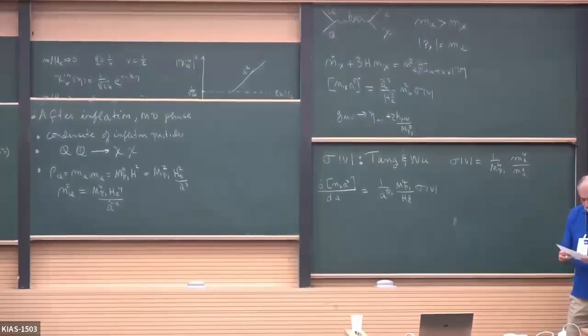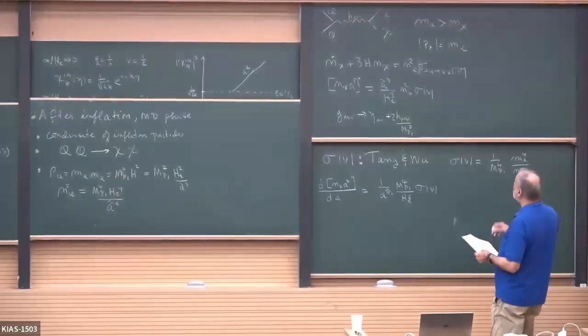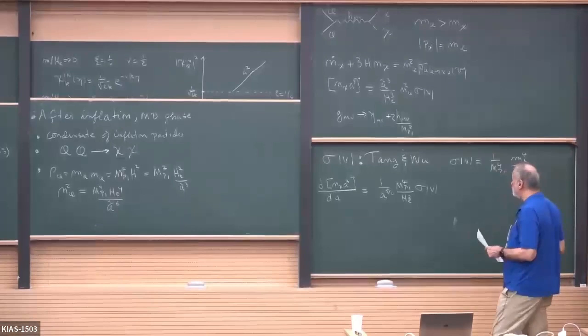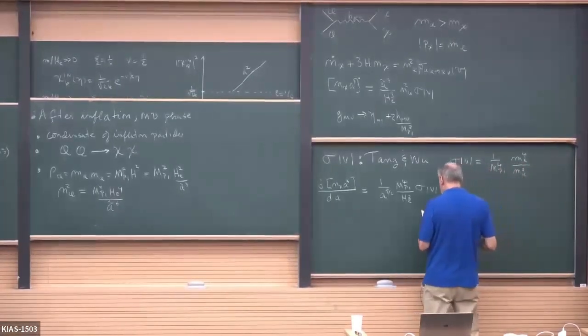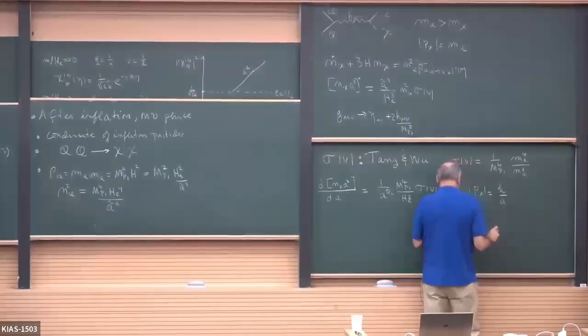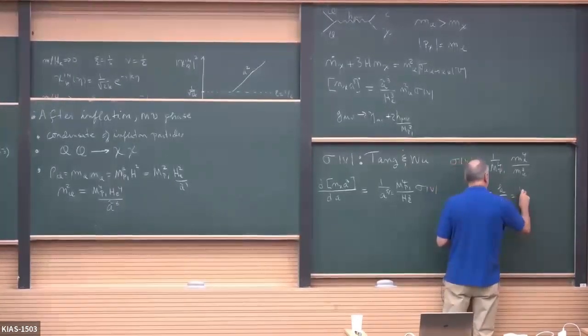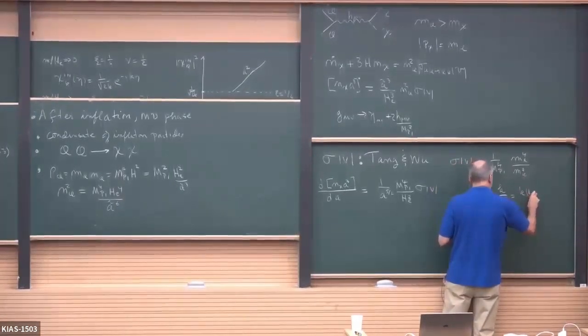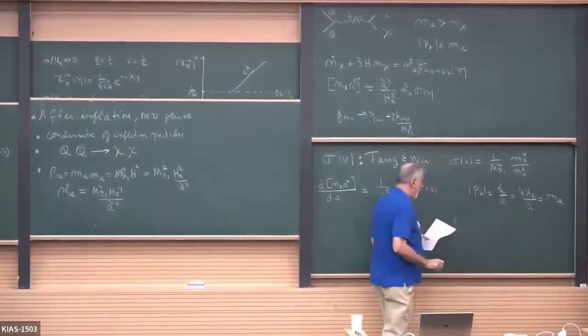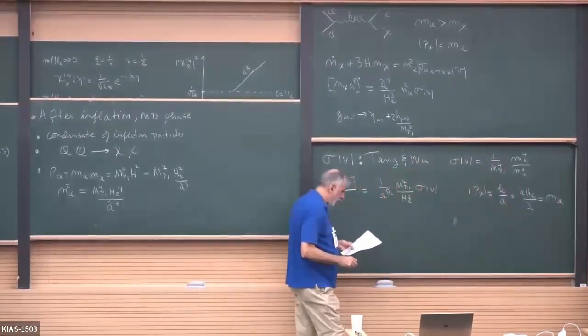resonance reaction because the momentum of chi is equal to m phi. So the momentum of chi will be k over a, and this is going to be m phi, and the phi is the inflaton field.